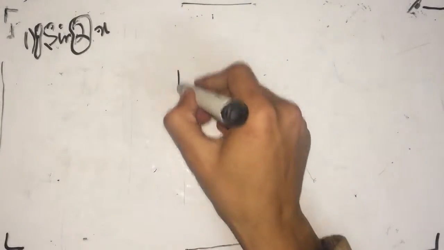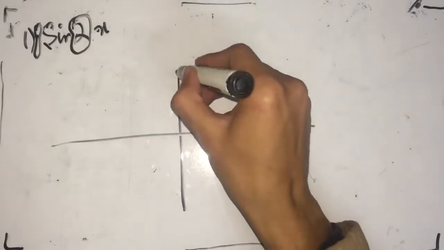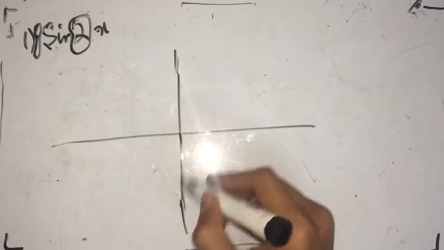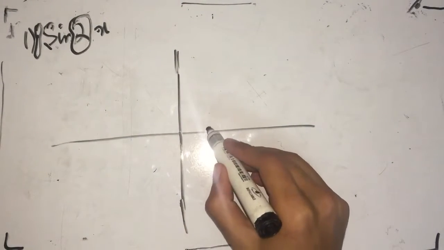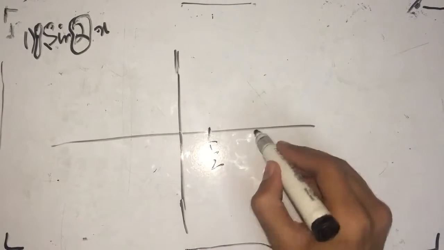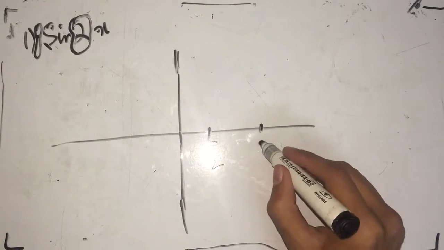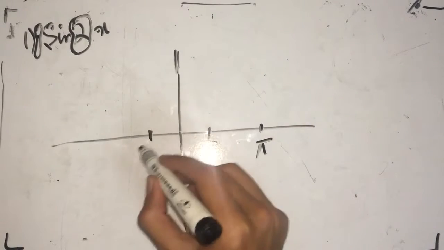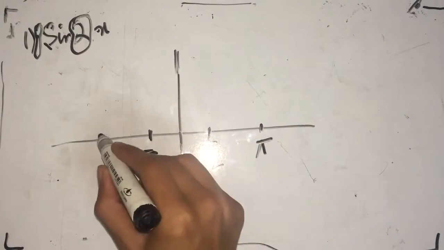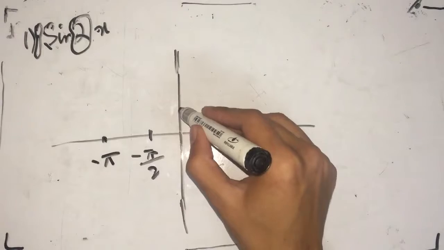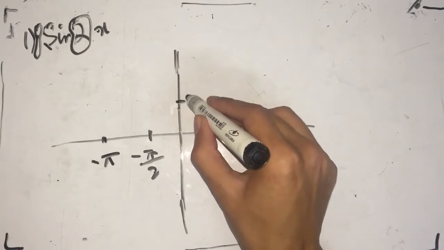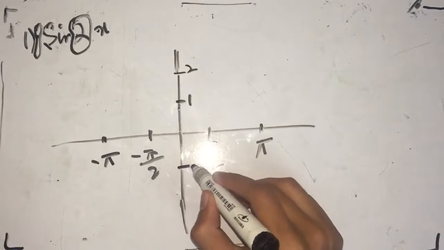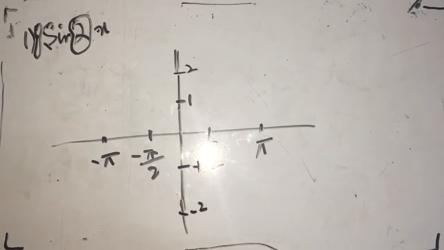So let's graph the function. Alright, so our amplitude is 1. It's pretty easy actually. It's just the general sine function, except that you have the period that is pi. So here we have pi by 2, and here we have pi. Here we have minus pi by 2, here we have minus pi, and here we have 1, 2, minus 1 and minus 2.